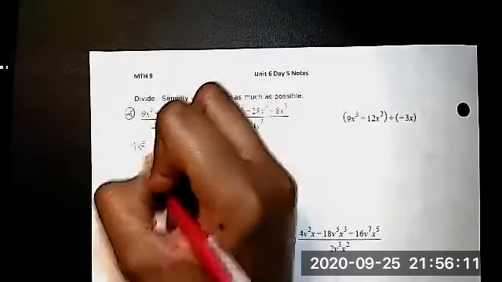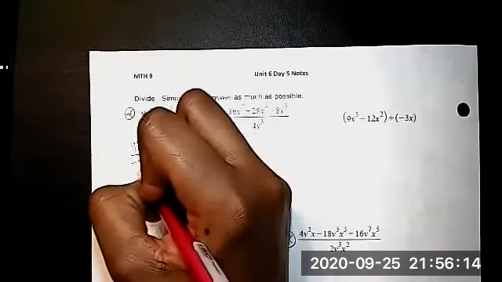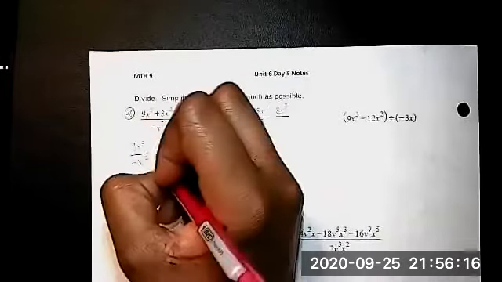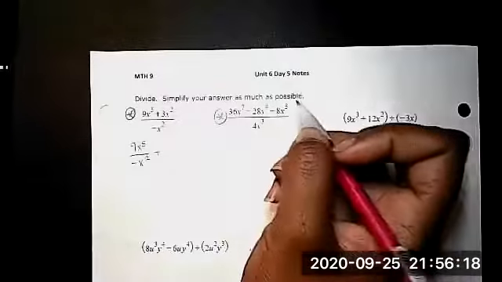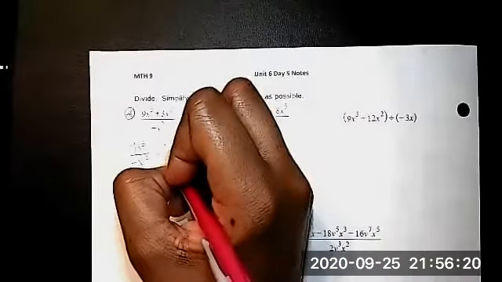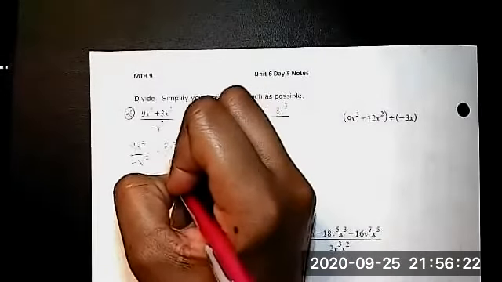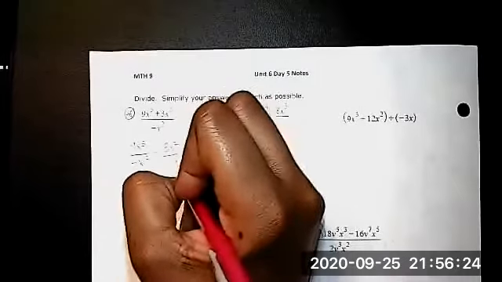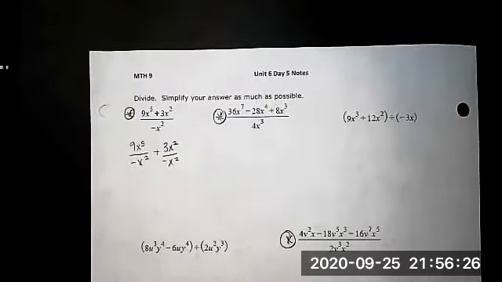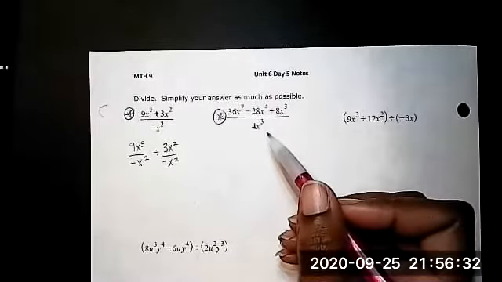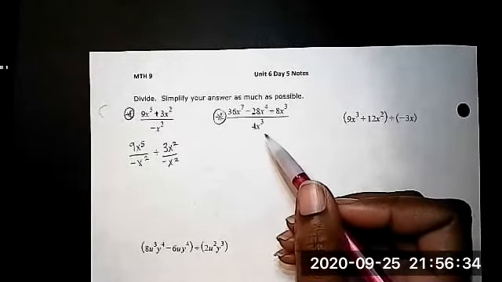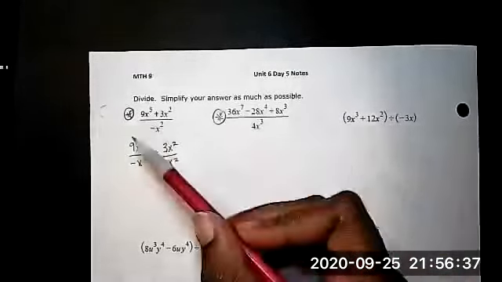9x to the 5th over negative x squared plus 3x squared over negative x squared. That's what I would do, I think. And then what I'm going to do is, I don't like that negative at the bottom.